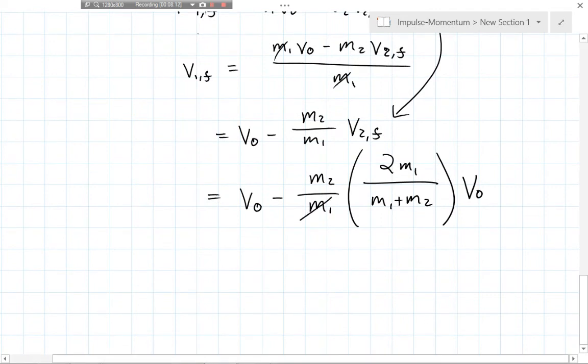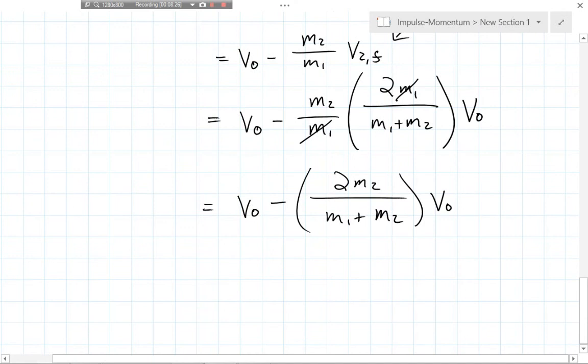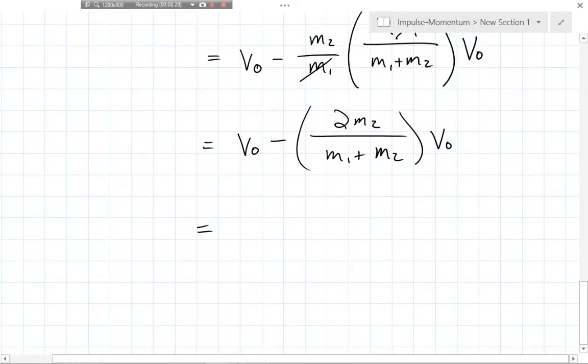So we see the m1s cancel, so this is going to be v naught minus 2 m2 divided by m1 plus m2, all of this times v naught. And then finally, if I want to just simplify things a little bit further, I can factor out the v naught, and this is going to be 1 minus 2 m2 divided by m1 plus m2.